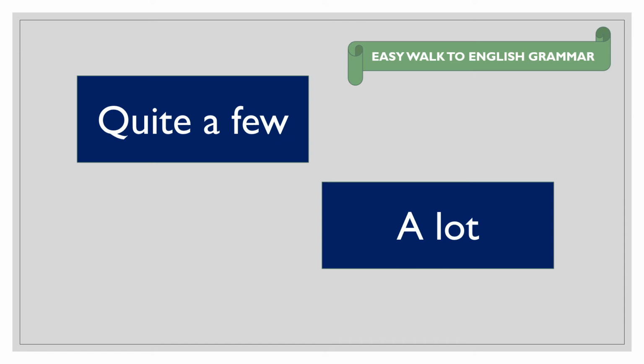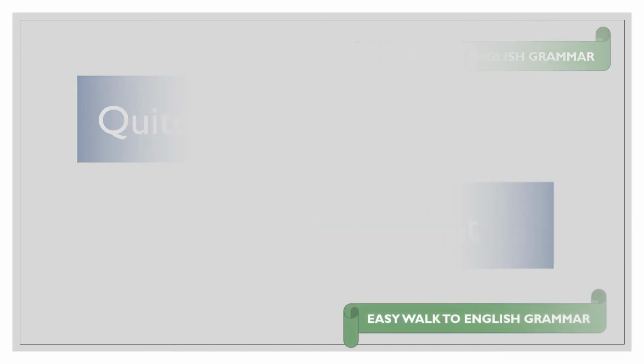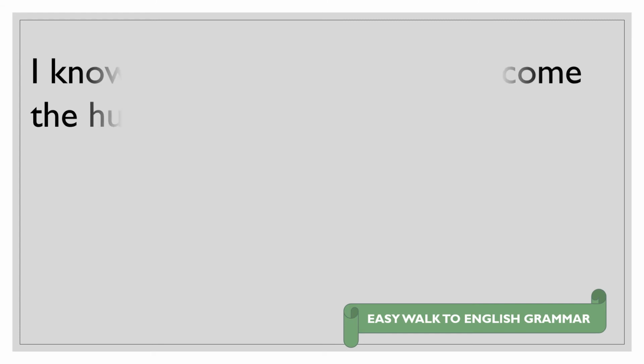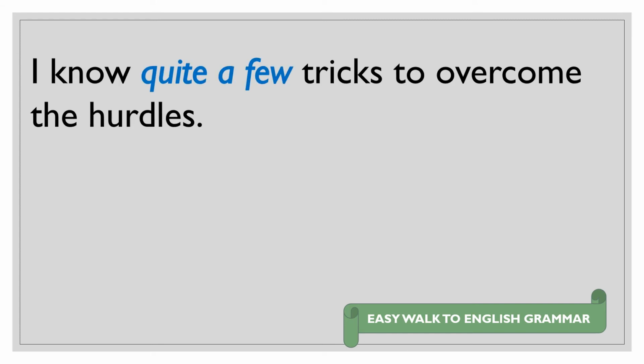Let's look into some examples. I know quite a few tricks to overcome the hurdles. Quite a few here means a number of, a lot of tricks to overcome the hurdles. Nobody can defeat me. I can face any hurdles because I know quite a few tricks to overcome the hurdles.